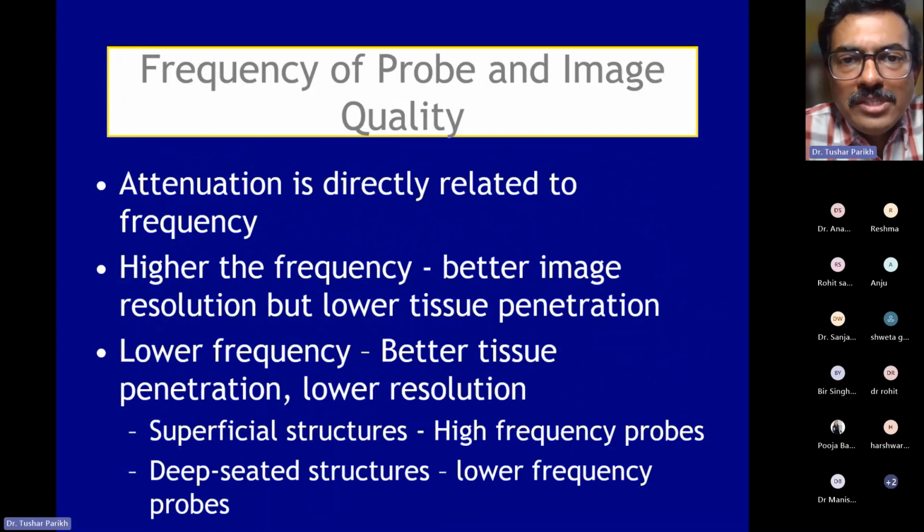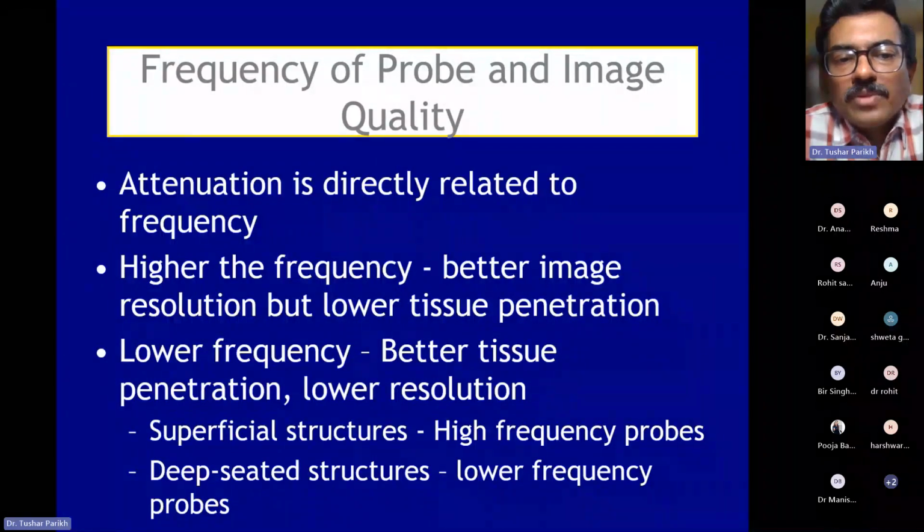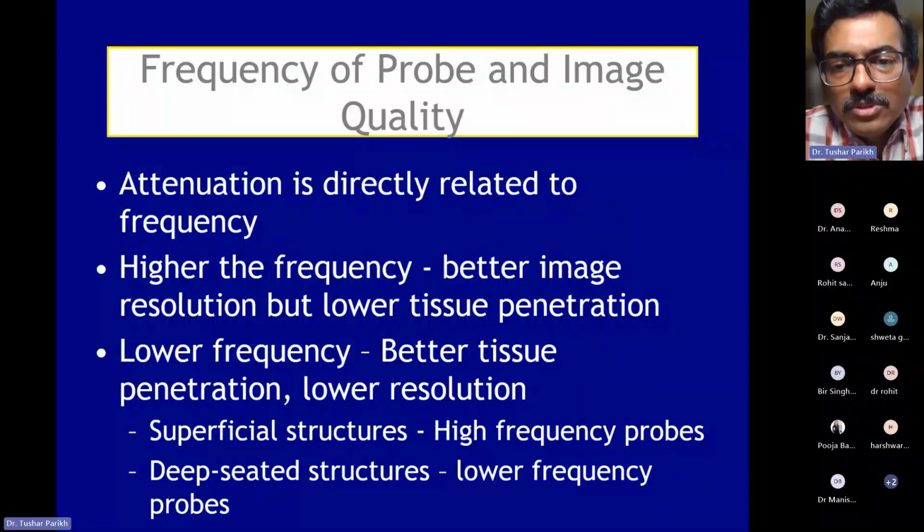Now, the frequency of the probe is very important in order to understand image quality, because as the ultrasound wave passes through the tissues in the body, there is attenuation, and the attenuation depends upon the frequency of the ultrasound. So the higher the frequency, the better the image resolution, but the lower the tissue penetration. If you have a probe of around 10, 12, 15, 20, those will not be able to go too deep into the tissues, but they will give you better resolution for superficial structures.